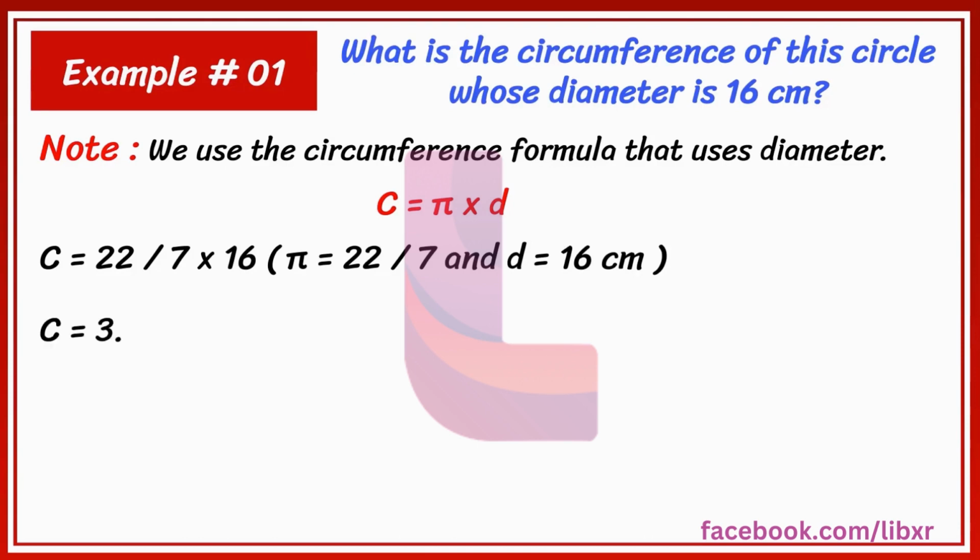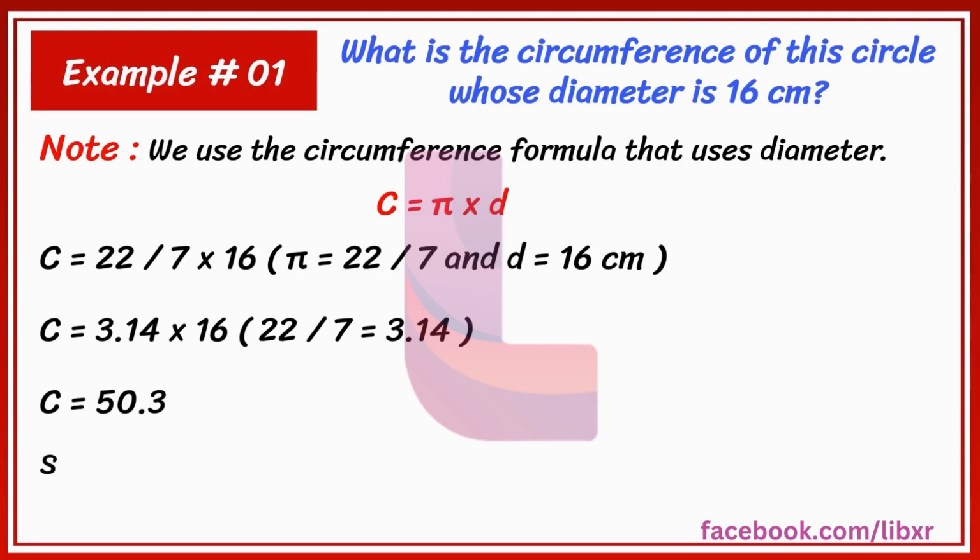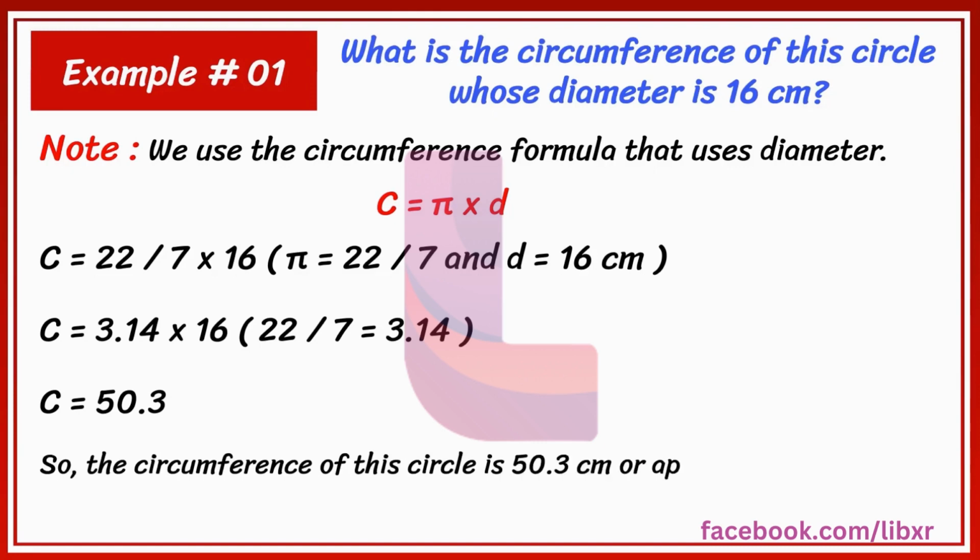C is equal to 3.14 multiplied by 16, as 22 divided by 7 is equal to 3.14. C is equal to 50.3. So, the circumference of this circle is 50.3 cm or approximately 50 cm.